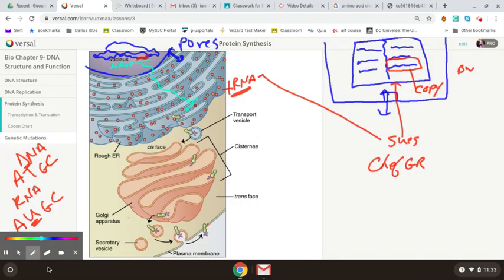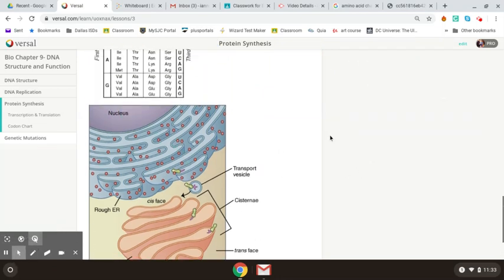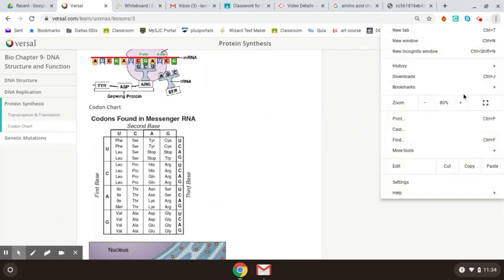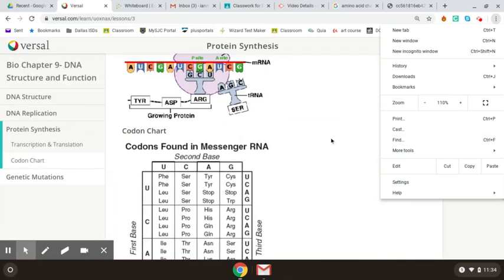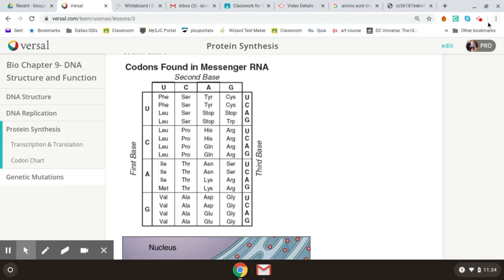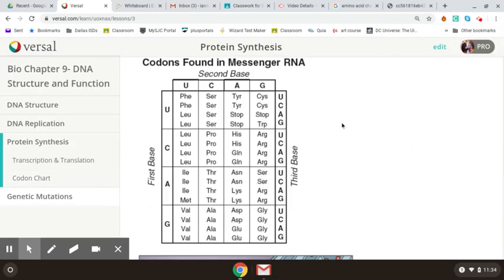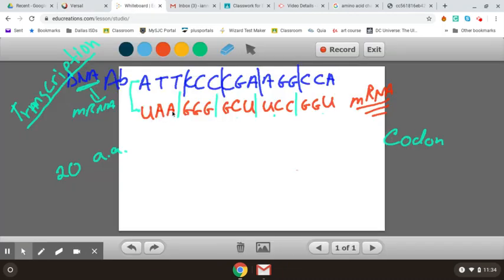Okay, and so let me wipe this clean. We're going to use this, and this is a codon chart. This codon chart is going to help us figure out what amino acids are being utilized in that code, and it's very easy to read. So you have three letters in a codon.